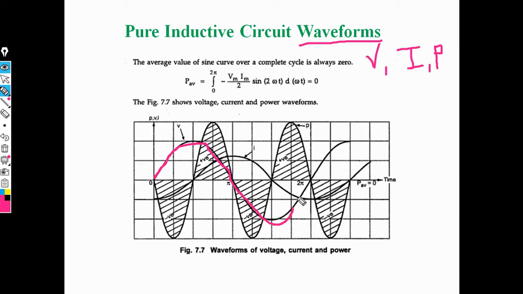Then this is the current waveform, and yellow indicates the power waveform.